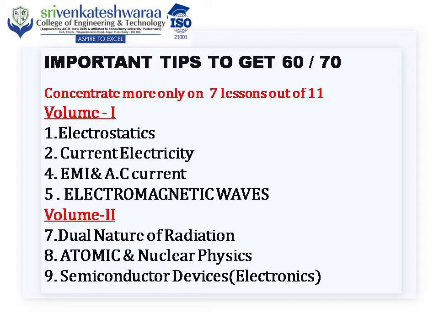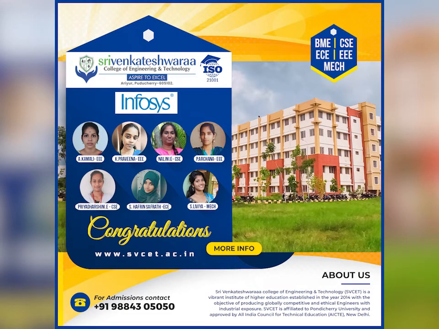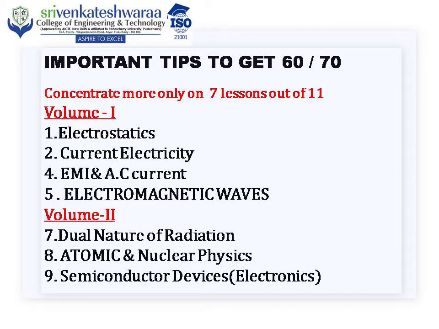The main tip for you is, out of 70 marks you can easily score 60 marks by concentrating on only 7 lessons out of 11. That is volume 1, 4 lessons, and volume 2, 3 lessons. If you thoroughly study these 7 lessons, surely you can get 60 marks out of 70 very easily.